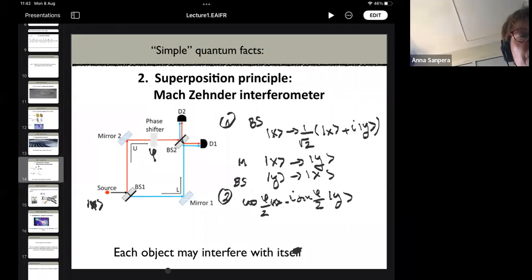Now we detect here. If the phase is 0, everything will be in X, and of course, if the phase is pi, everything will be in Y. But the important thing is that this is interference. It's interference of a photon with itself, or of an atom with itself, and this is the basis that we will use for everything.